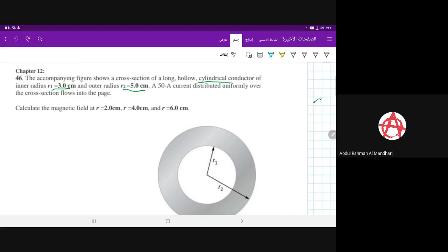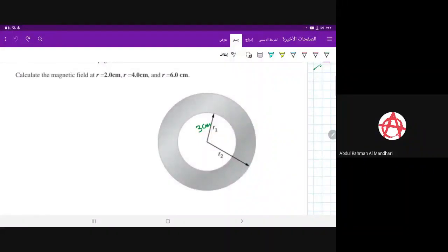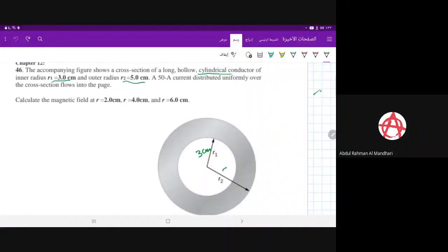This is just general information about the cylindrical conductor of inner radius R1 equal to 3 centimeters. So we know this is 3 centimeters here, and R2 is 5 centimeters, the large circle there.